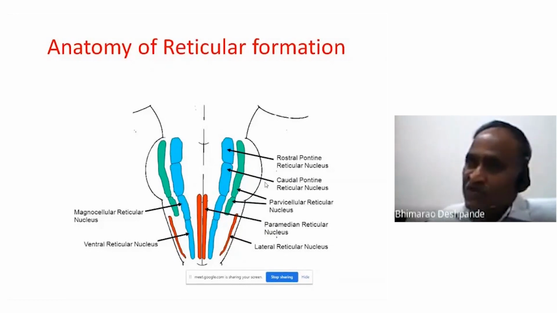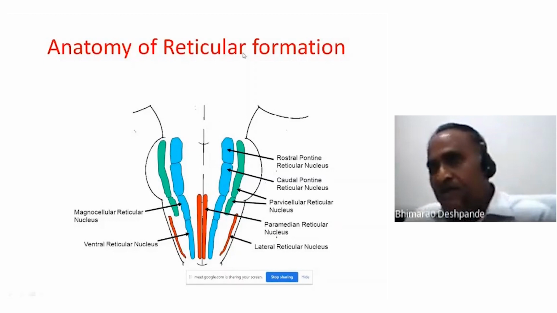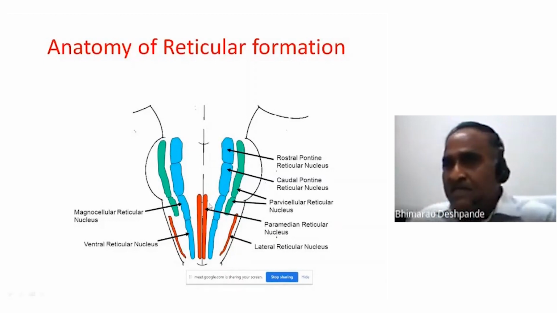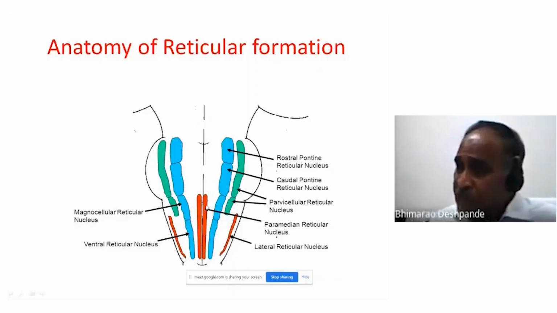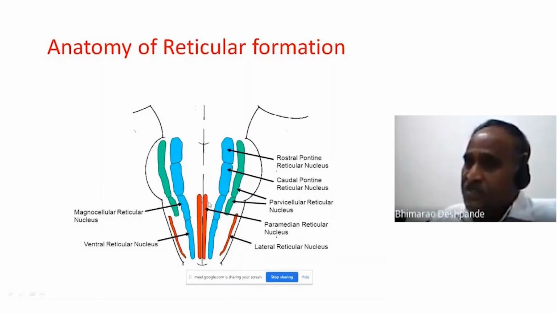One is the inner red area. This is the paramedian reticular nucleus. This paramedian reticular nucleus is a Raphe nucleus. It has serotonergic projections.